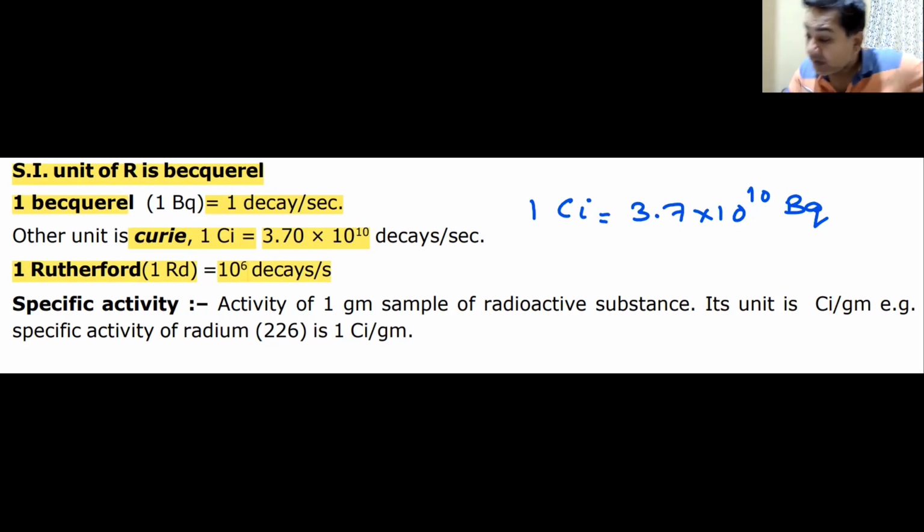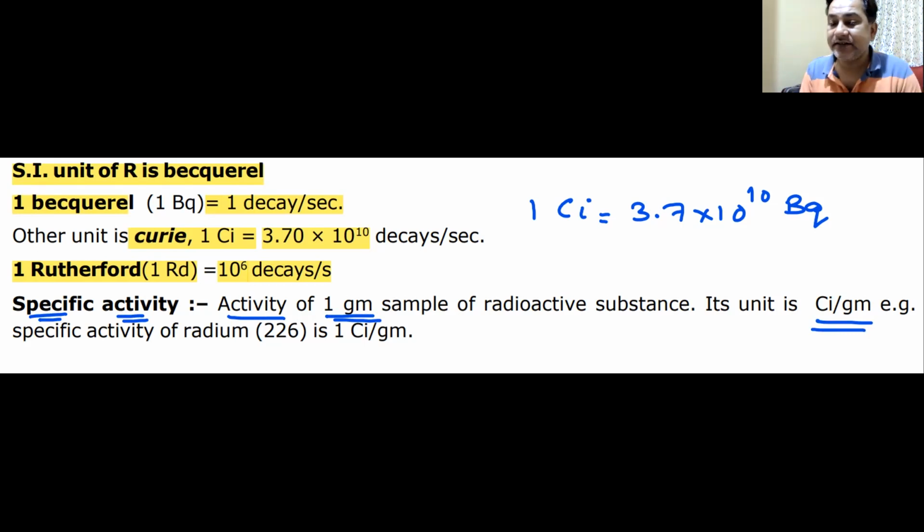Yes, sir. Sometimes they might use the term specific activity. This is the activity of 1 gram of the substance, 1 gram of radium, 1 gram of uranium. So its unit becomes becquerel per gram or Curie per gram or Rutherford per gram.